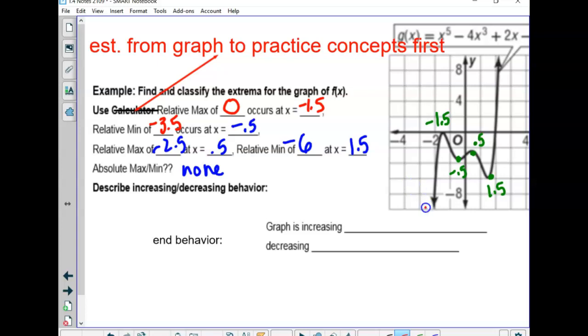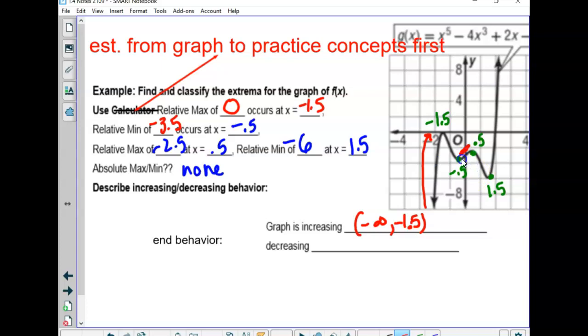So over here, the graph is doing what? Increasing. So we write from the left, or -infinity, until what x value? -1.5. Okay. Now where else is it increasing? Can you tell me? Yes, in between these two right here.